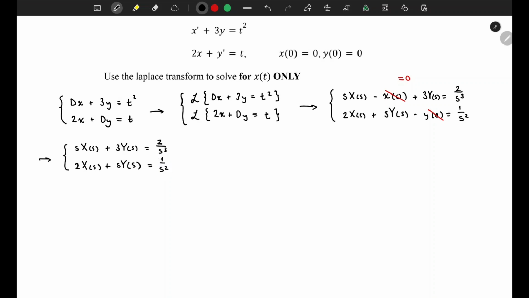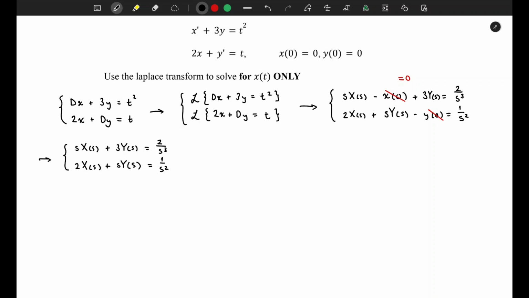Okay, so there we have it. Now what we want to do is solve for x of t. We want to find the Laplace. Obviously we're taking the Laplace, and we want to find x of t. Well, if we want to find x of t, we would have to find the Laplace of what? The capital X of s.